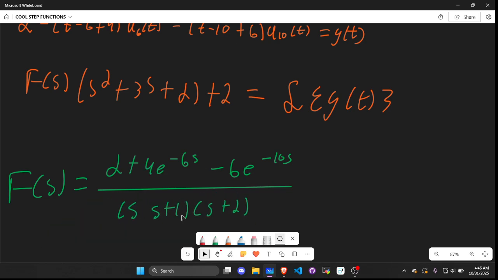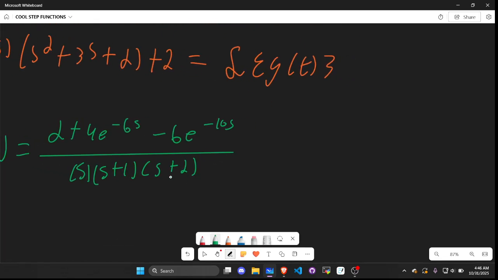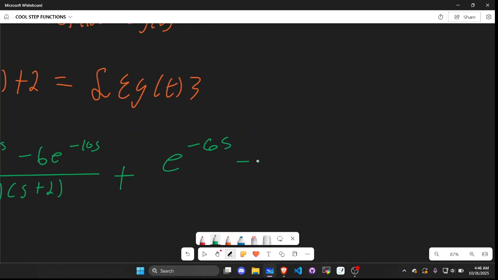I'm going to bring it over a little bit. All right. And then we're going to add e to the minus 6s minus e to the minus 10s over s squared times s plus 1 times s plus 2.